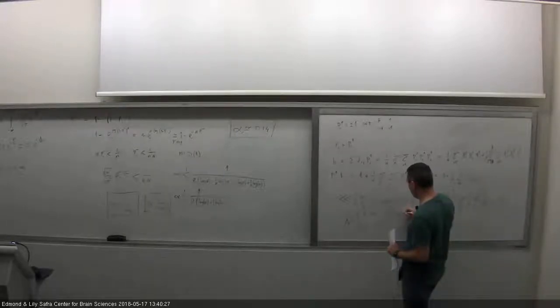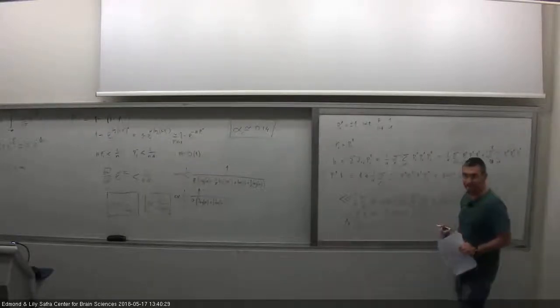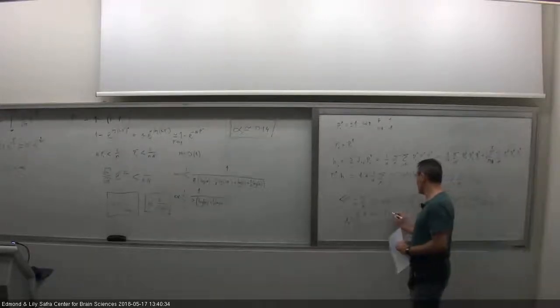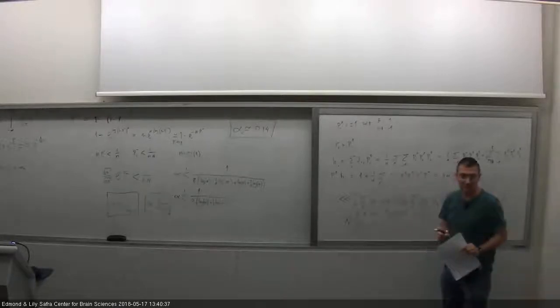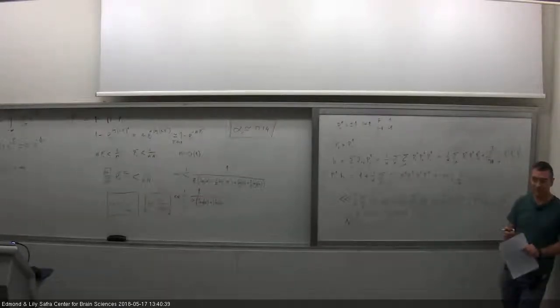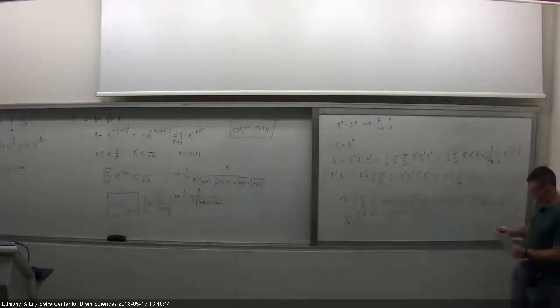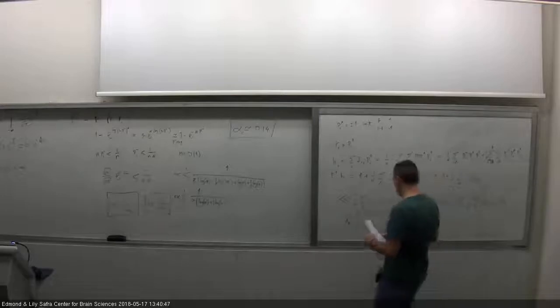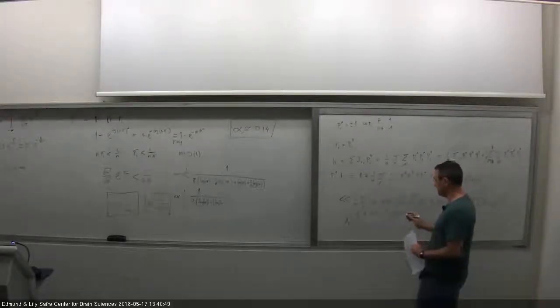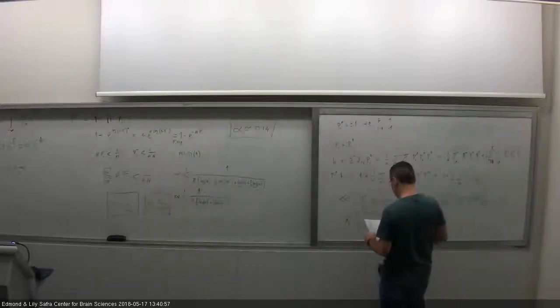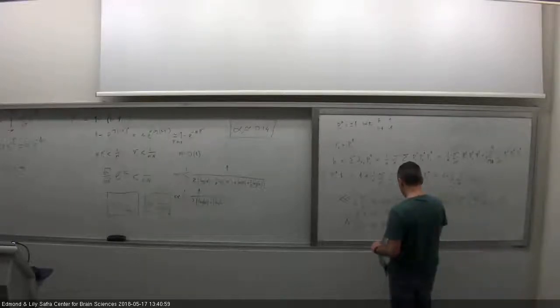Almost. Three times. Why 3? Because the 1 can be the first element, the second element, or the third element. What's the probability of a minus 1? Well, as before, 1 minus f cubed plus 3 f squared 1 minus f.